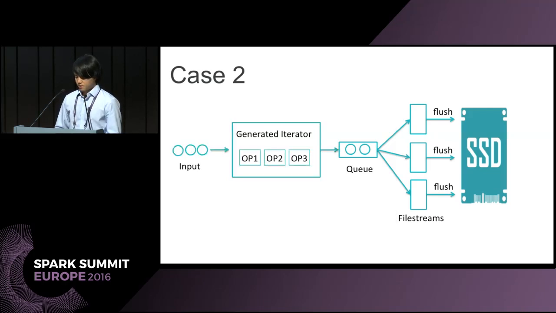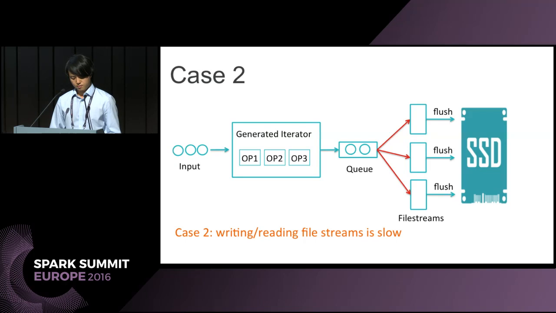And let's say the left part is not the bottleneck, that part is lightning fast. Even then, simply replacing SSD with memory might not improve the job either, because when you're taking those records from the queue and writing to file streams, you're also doing many things here.